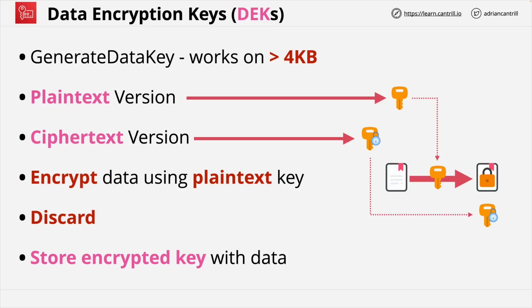KMS doesn't actually do the encryption or decryption on data larger than 4 KB using data encryption keys. You do, or the service using KMS does. KMS doesn't track the usage of data encryption keys. That's also you or the service using KMS. Now, you could use the same data encryption key to encrypt 100 or 1,000,000 files, or you could request a new data encryption key for each of those 1,000,000 files.